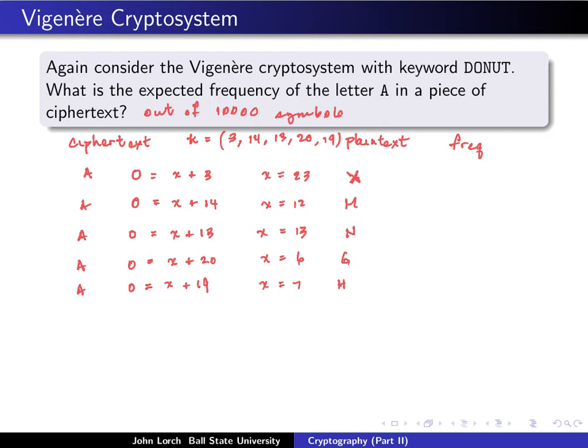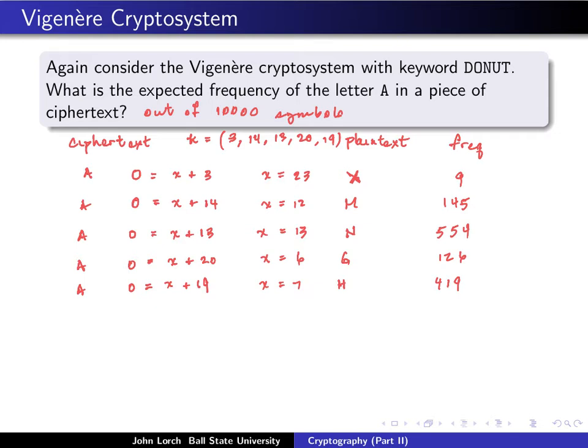Well, we can use table 10.1 from our text to see that the frequency of X would be 9. The frequency of M would be 145. N is 554. G is 126. And H is 419. Okay, so this comes from table 10.1.